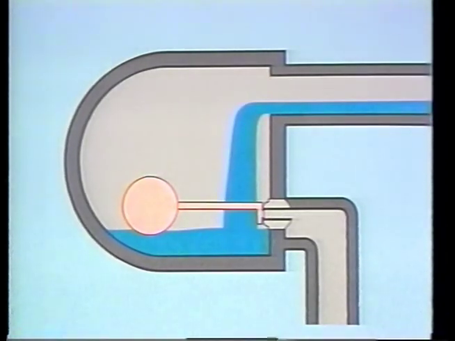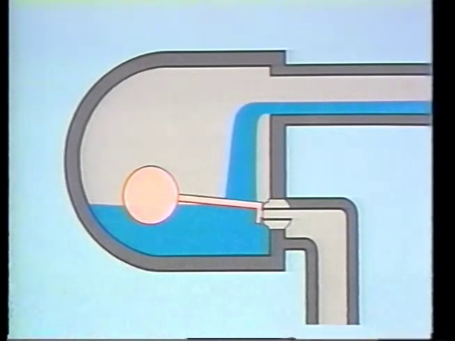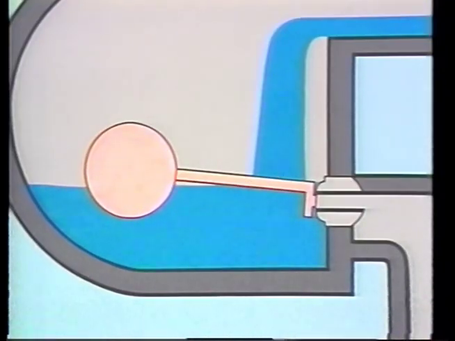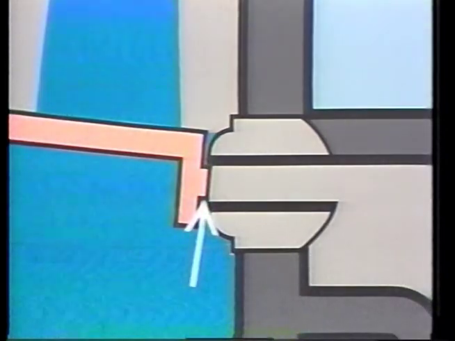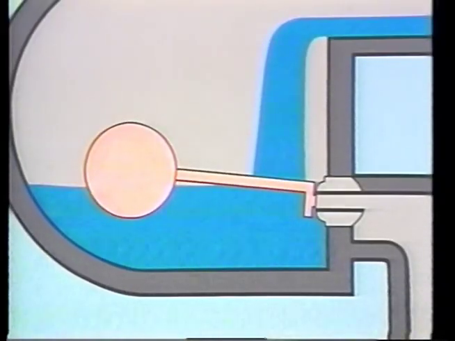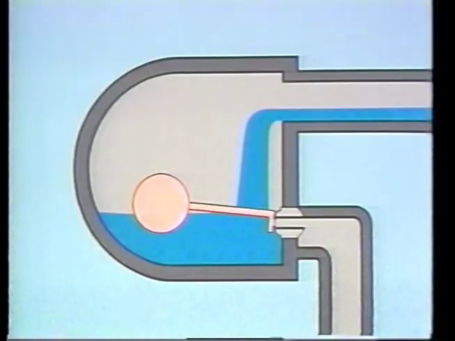As condensate enters the trap, the float rises along with the condensate level. At first, nothing much happens because the float and rod are adjusted so that the trap valve stays shut until the condensate level is well above the outlet of the trap. This allows some water to remain in the trap as a seal, preventing live steam from escaping.